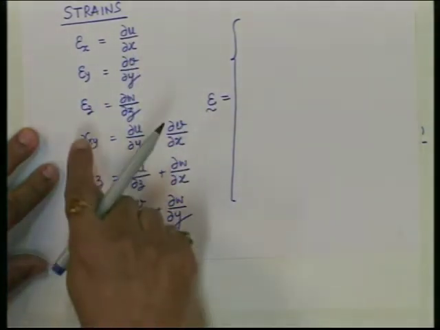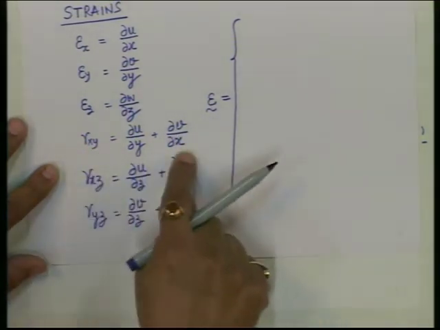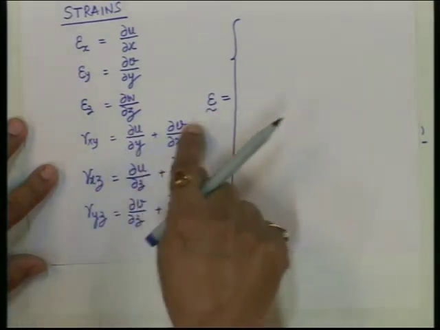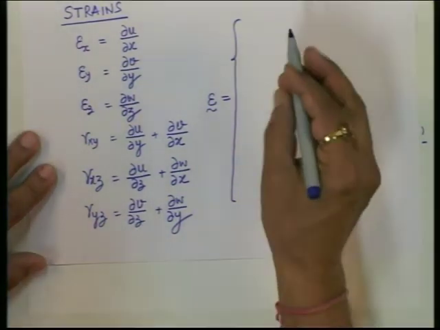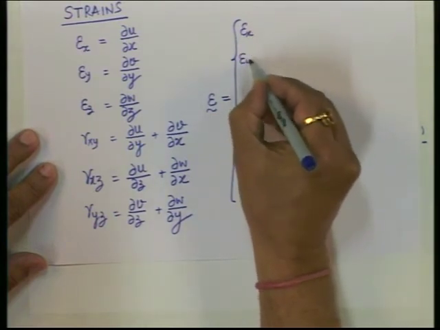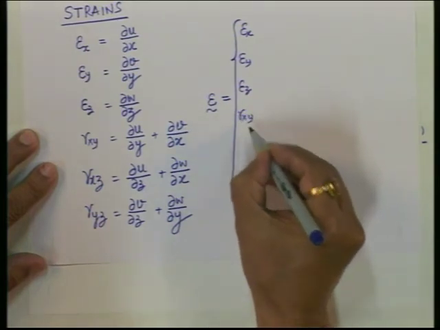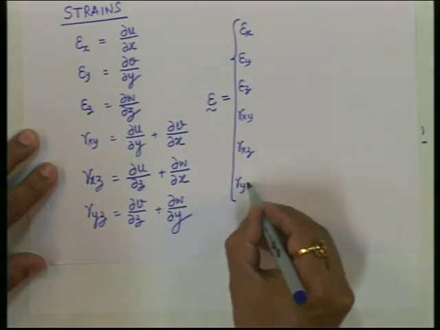It is an engineering strain vector, because I have used gamma. If you want a tensorial strain vector, then I have to use epsilon xy, epsilon xz, and write half, because the half makes it a tensor. So, this one is epsilon x, epsilon y, epsilon z, gamma xy, gamma xz, and gamma yz.